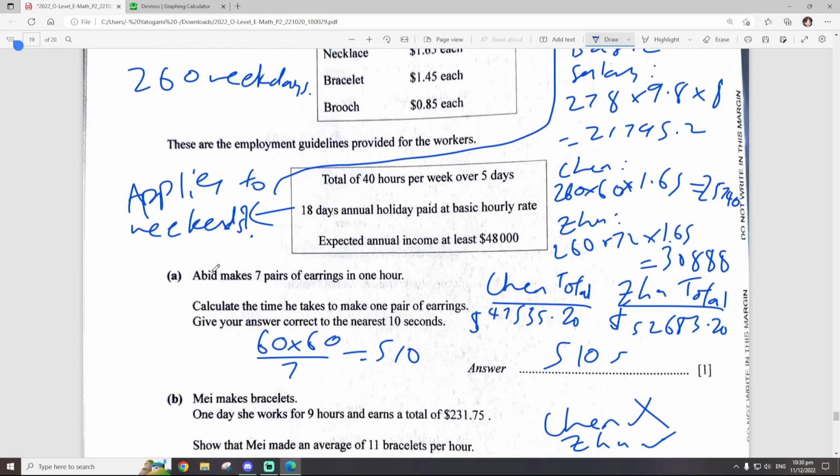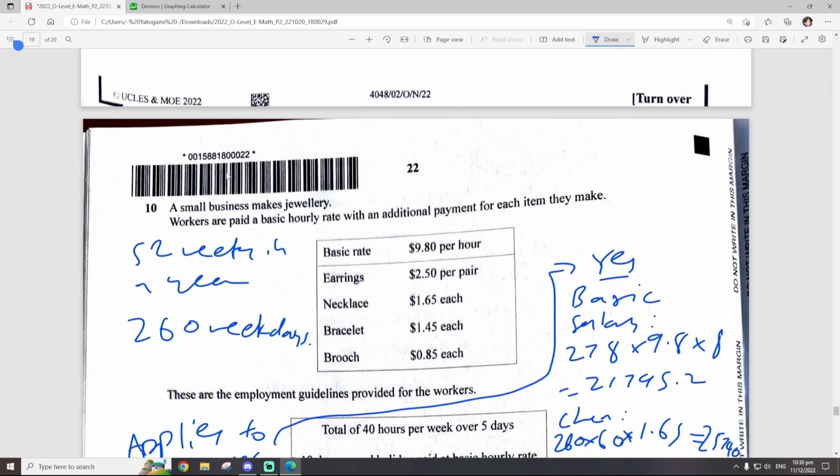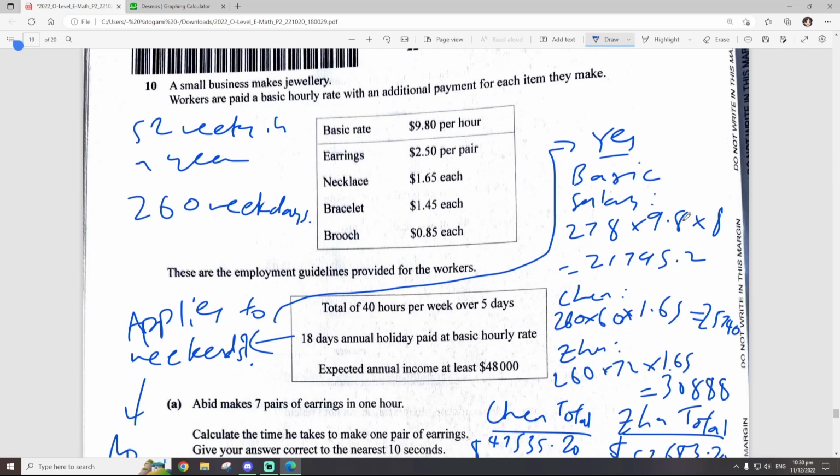The other interpretation is it does not apply on weekends. The answer is no. The basic salary now is you are going to only work 242 days because you are taking 18 days of the paid leave.